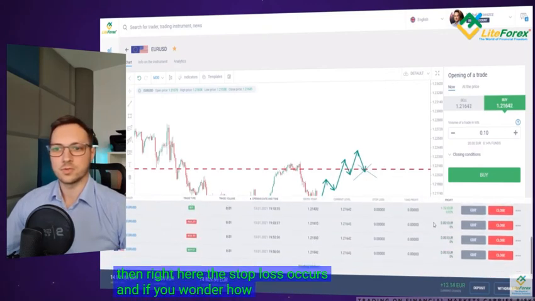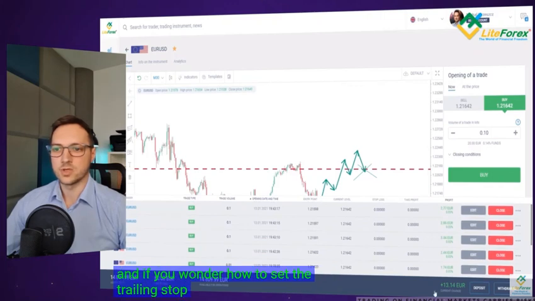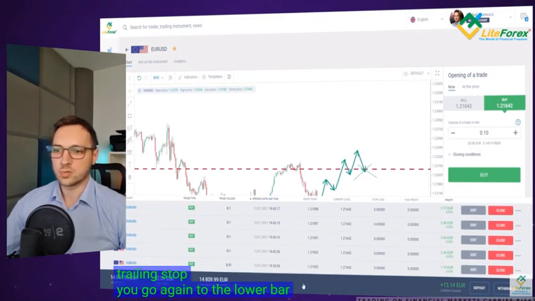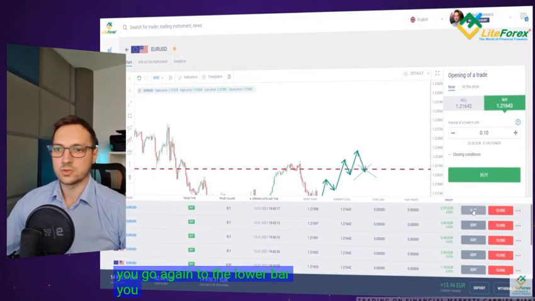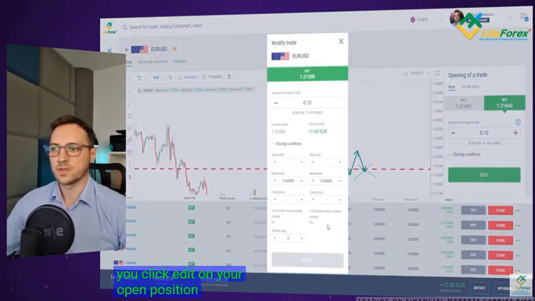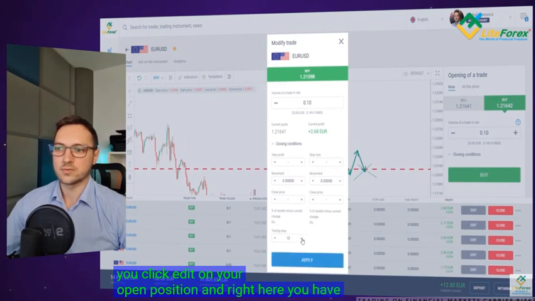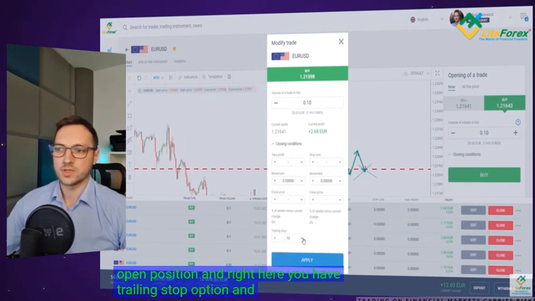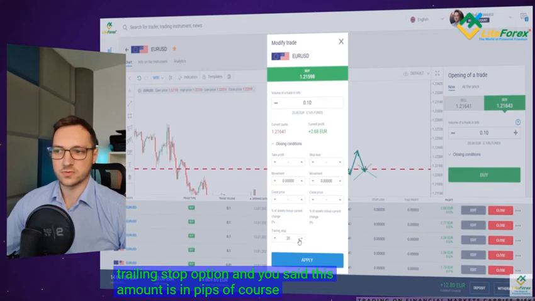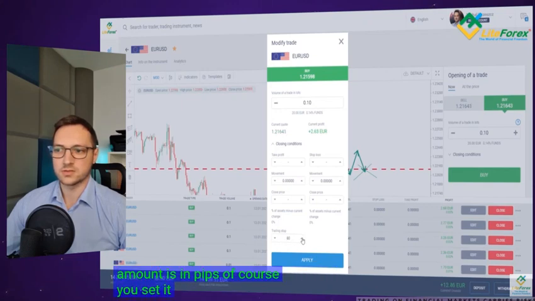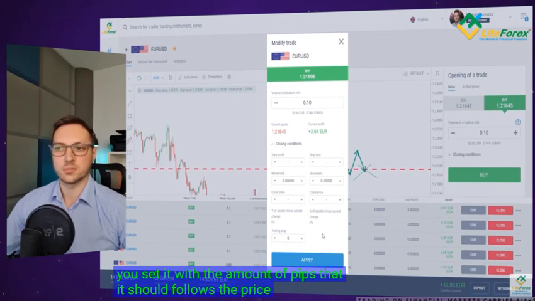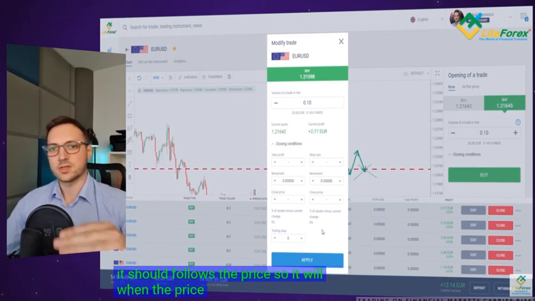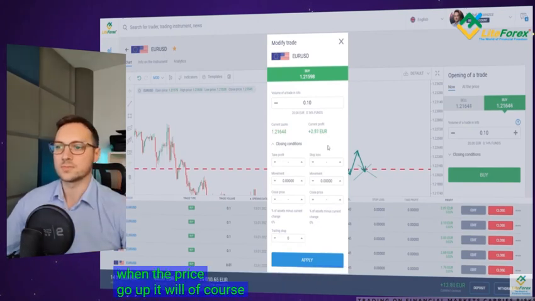And if you wonder how to set the trailing stop, you go again to the lower bar, you click edit on your open position, and right here you have the trailing stop option, and you set this amount in pips. Of course you set the amount of pips that it should follow the price. So when the price goes up, it follows.